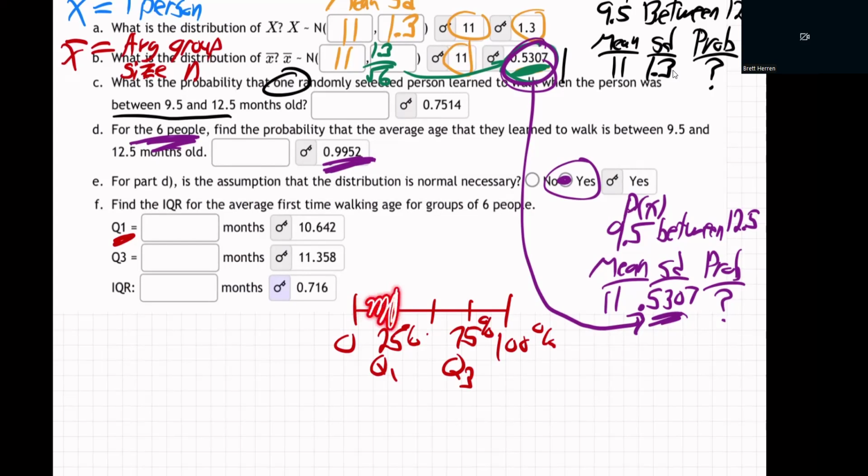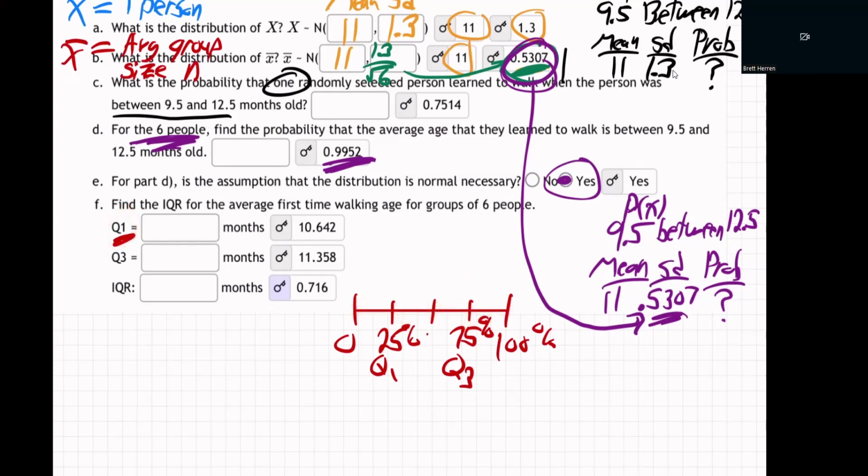When your child walks, 25% of the kiddos walked earlier than your child walked, and 75% walked later. If your child's at the Q1 mark, then your child walked pretty early, earlier than most children walk. 75% of them walk later. If your child's at the 75th percentile, then 75% of the children walk earlier than your child walked, 25% walk later, right? You get the idea. That's percentile. So Q1 is that.